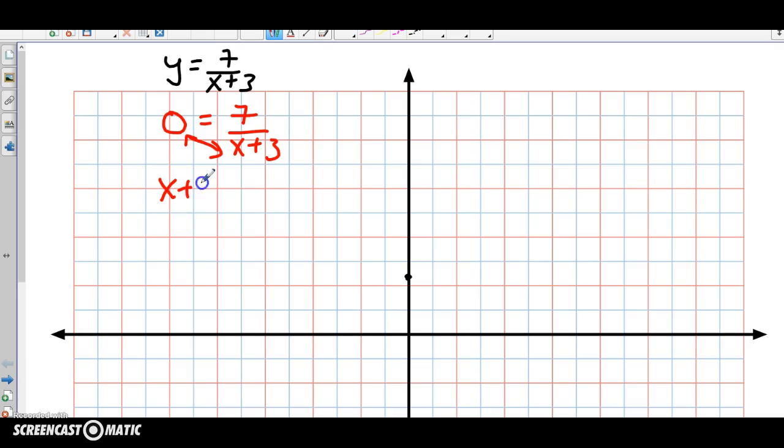Bringing it over, I end up with 7 divided by 0, which is undefined. Or if I multiply both sides by x plus 3, I have 0 times x plus 3 equals 7, which says 0 equals 7, and that's not good. So we have no intercept on the x-axis.